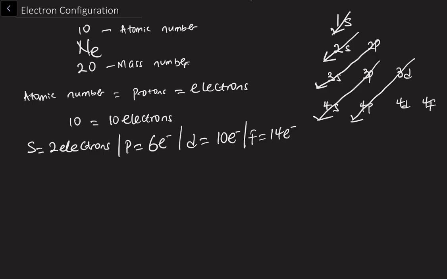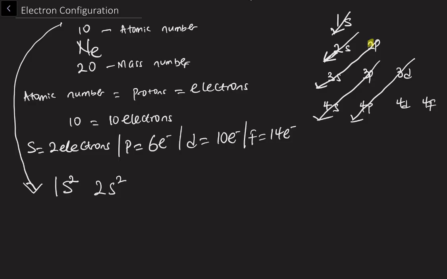So back to our question, what is the electron configuration of neon? We start with 1s, 1s2, and then we move to the 2s, shown right here, right? So 2s2, what's next?